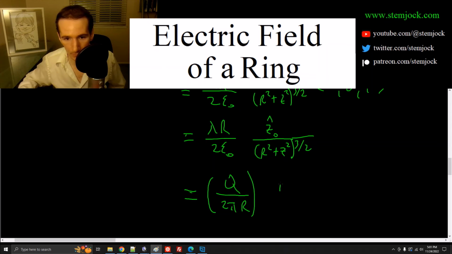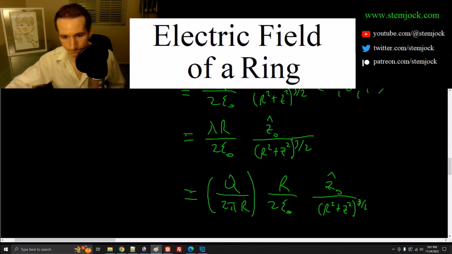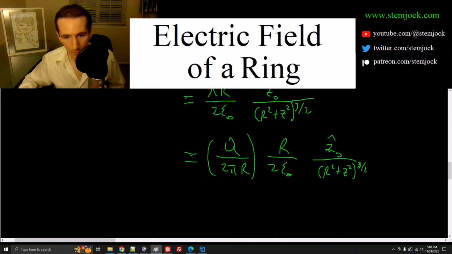And then this is going to be r over 2 epsilon 0 z hat naught over r squared plus z squared to the 3/2. The r's cancel, so the electric field is independent of the radius. Oh, never mind. There's an r right here. It's just that these r's cancel.